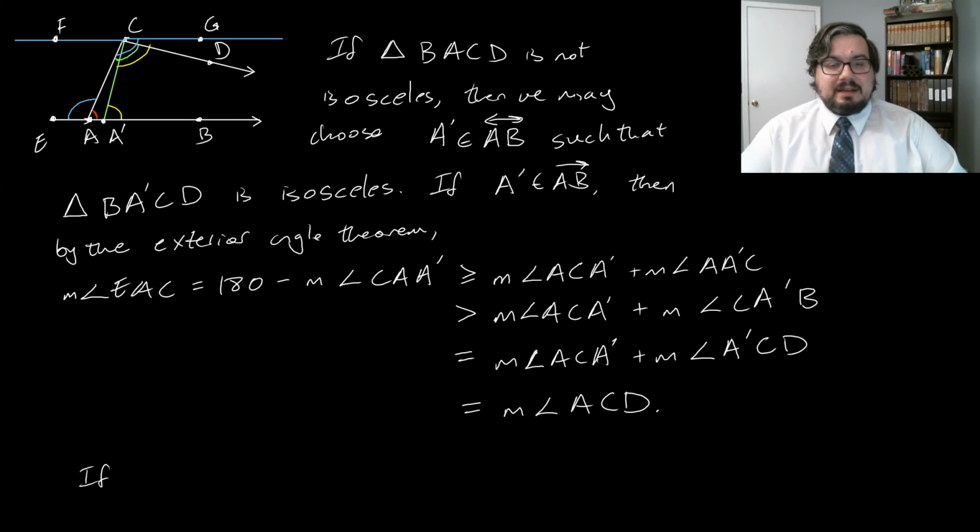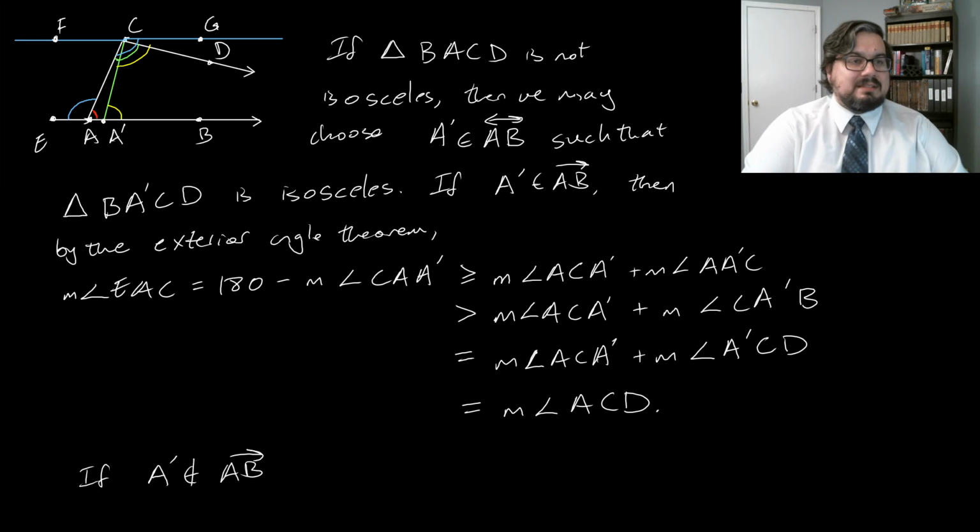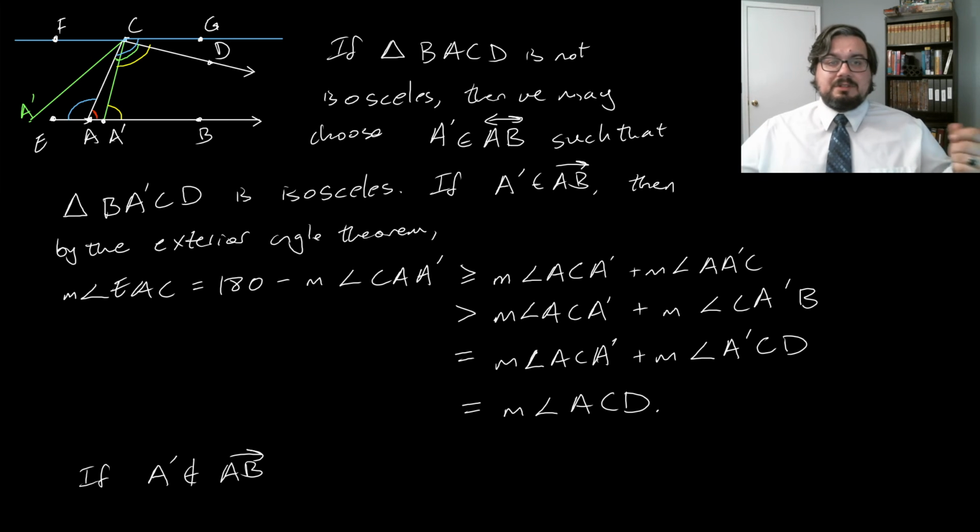Now, if A prime is not in the ray AB, then we've got a situation that looks something like this, where we've got the point A prime over here, and a similar sort of argument with combining information together about isosceles triangles, obtuse angles always being greater than acute angles, and the angles in an isosceles closed triangle always being acute, etc., all come together to do something similar.